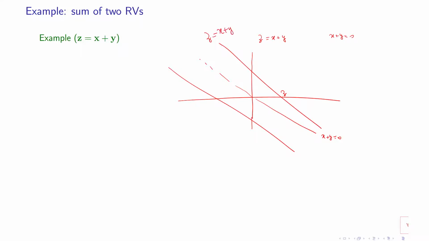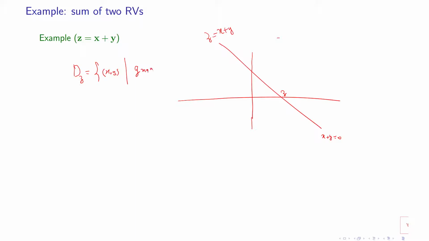Let me clean up here a bit. Now, I want to determine Dz, which is the set of all points x and y on these two dimensions such that g of x and y is smaller than or equal to z.